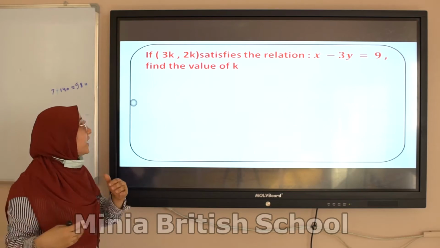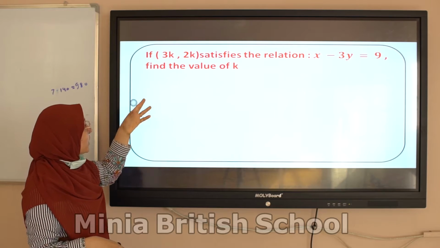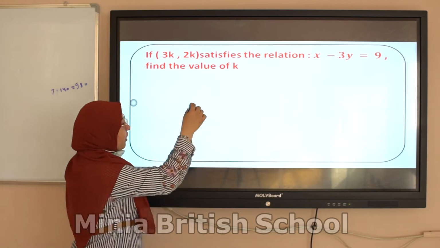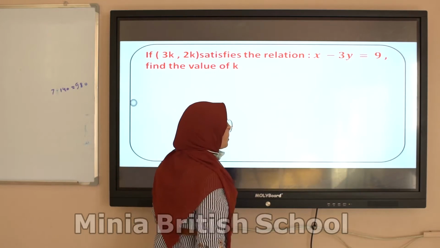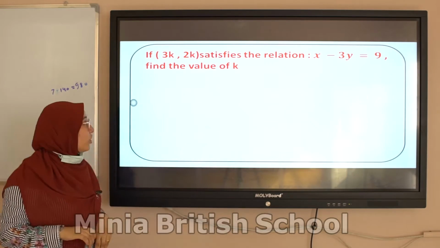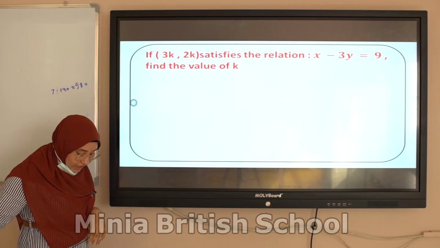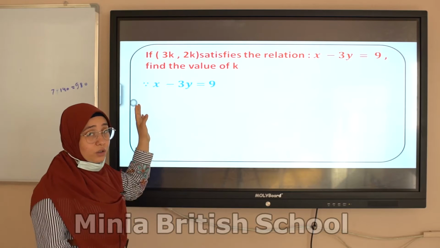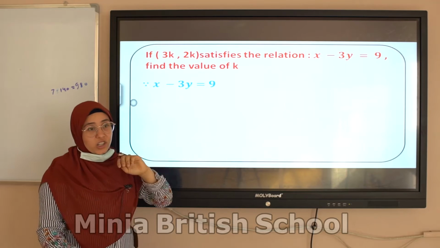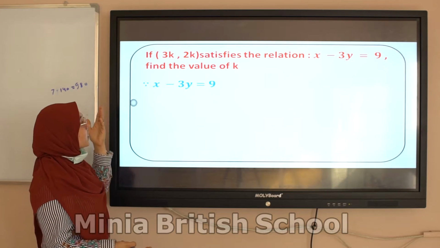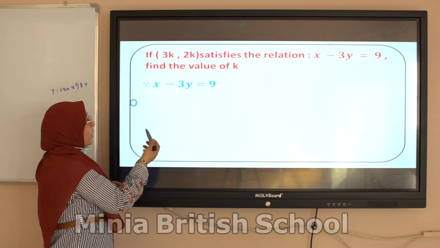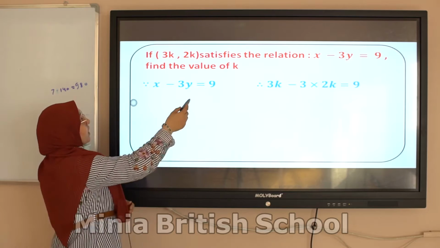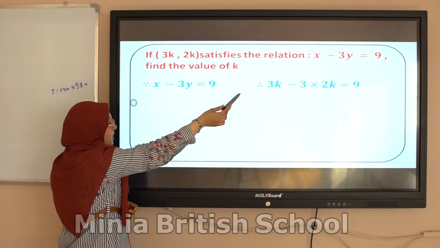In the same idea here, the ordered pair (3k, 2k) satisfies the relation x minus 3y equals 9. Find the value of k. Since this ordered pair satisfies this relation, I will substitute the coordinates of x and y in this relation.